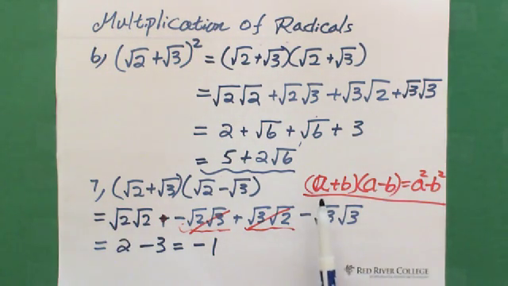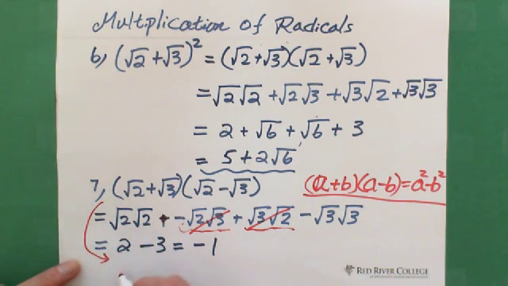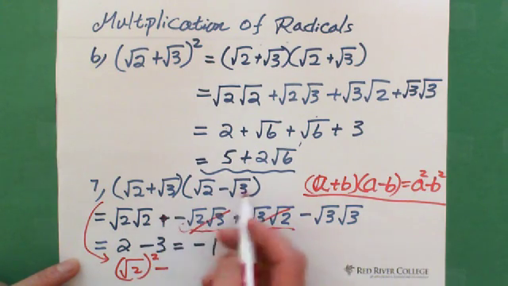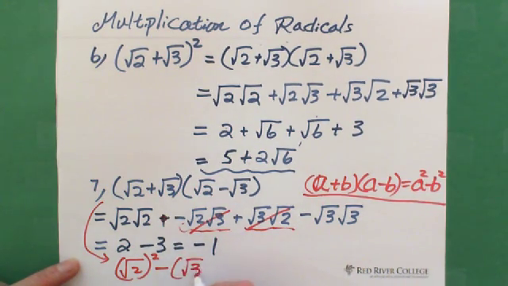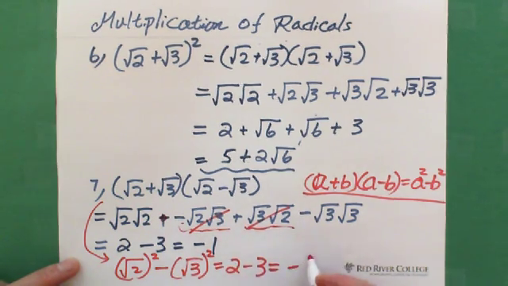So you can even do it in one step. Because of this formula, we can do square root 2 squared. You can write the first number squared minus the second number squared, which is 2 minus 3, which gives -1, right?